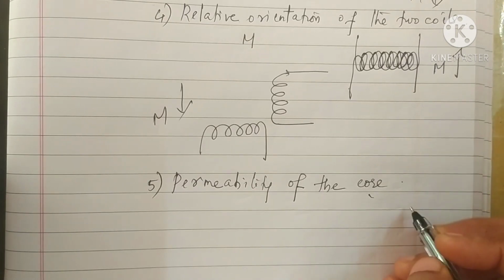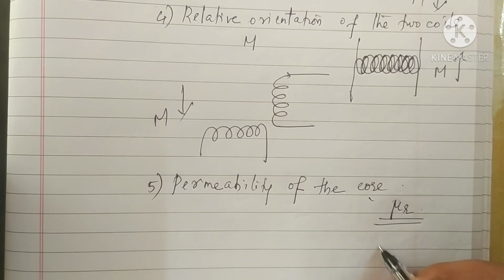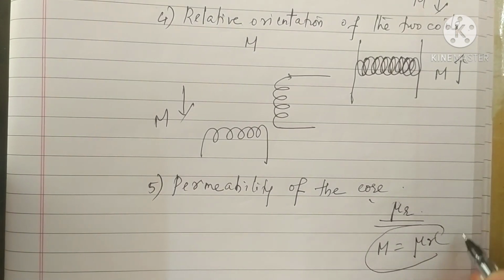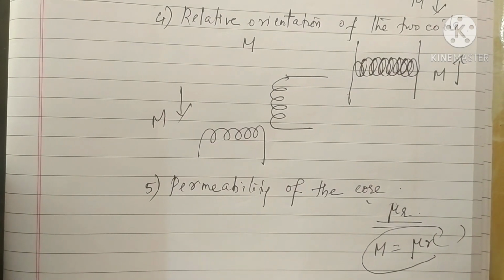Understood? If the iron core has relative permeability mu r, then the mutual inductance increases to mu r times the original value. So these are the factors on which mutual inductance depends.